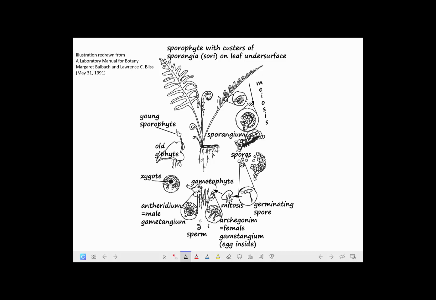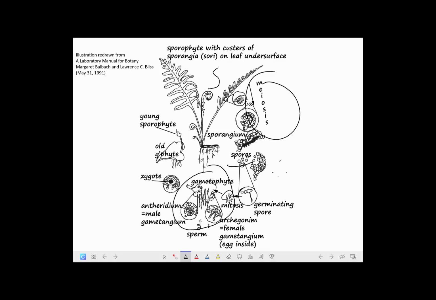And again, we see a diploid sporophyte producing spores by meiosis, and they germinate to form a gametophyte, which in this instance, and in many instances, is bisexual / hermaphroditic. It has both male gametangia, antheridium, and female gametangia, archegonium. And that condition, which we'll point out more explicitly later, but now's a good time, is called being homosporous.